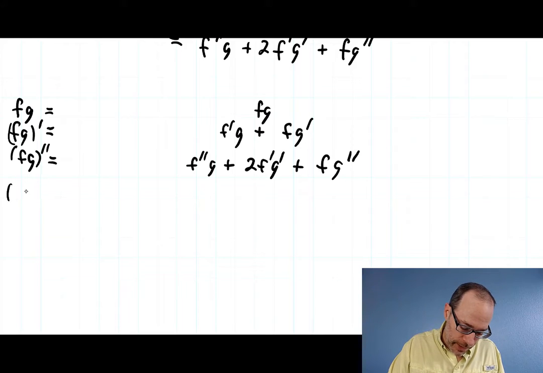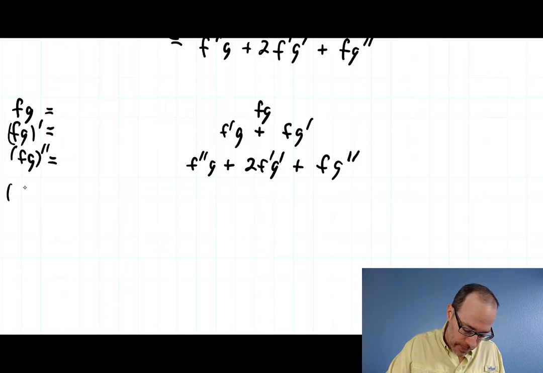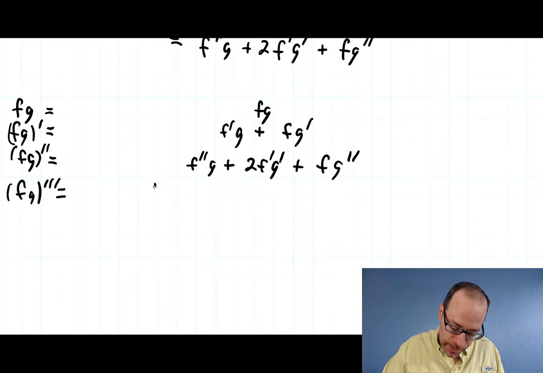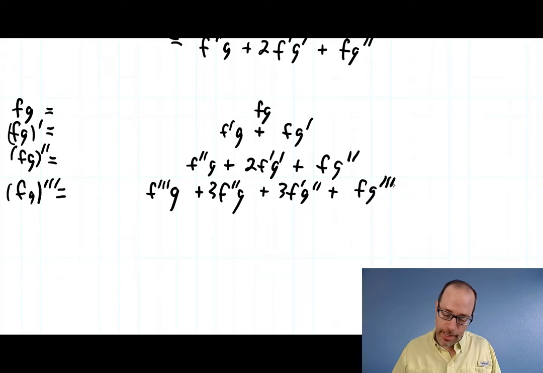So a new one that we didn't do is 3 derivatives: f triple prime g plus 3 f double prime g prime plus 3 f prime g double prime plus f g triple prime.